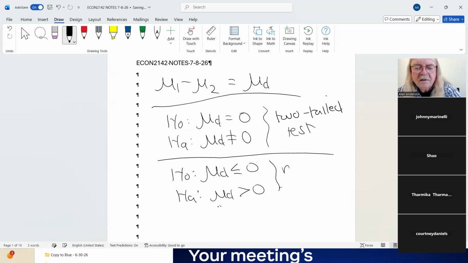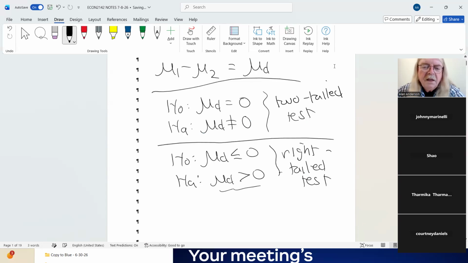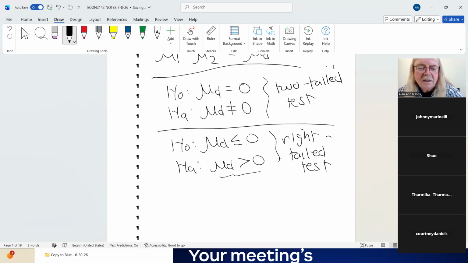You can tell because the alternative hypothesis is pointing to the right, so to speak, or in other words, the critical value would be in the right tail of this distribution. And of course, I'm sure you can guess what's coming next. The left-tailed test.